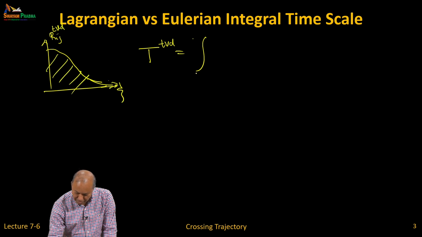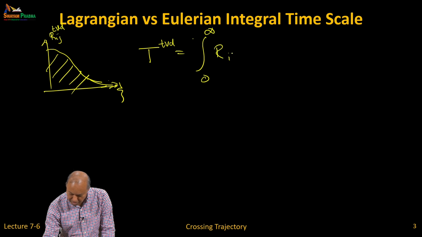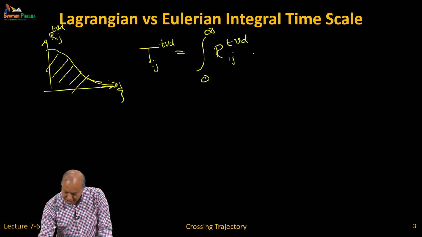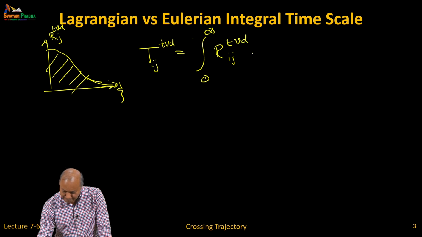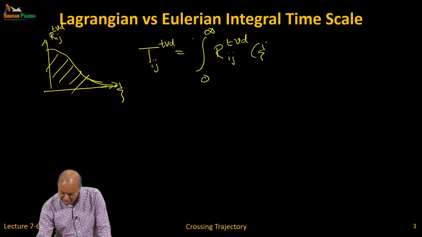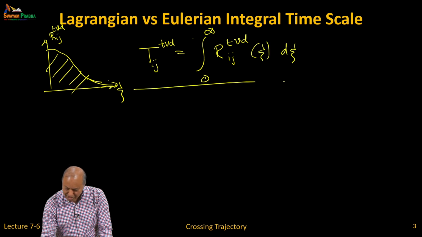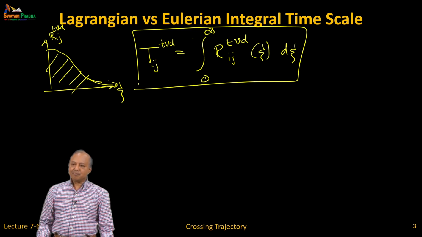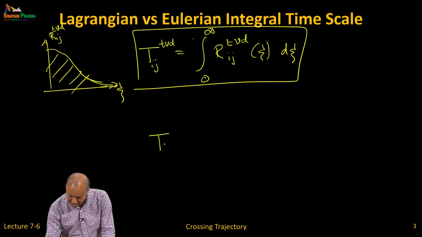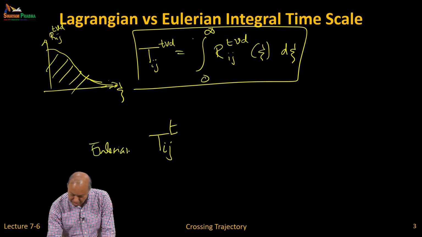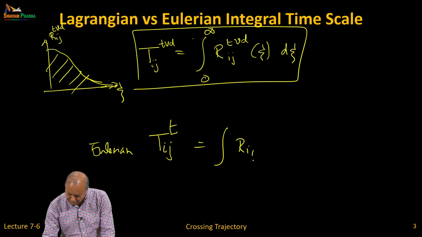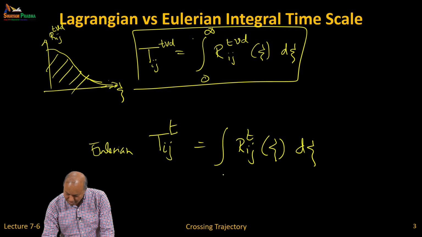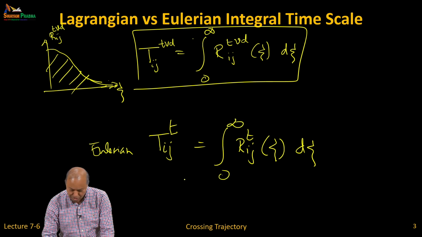So for any 2-time velocity correlation, you can calculate the area under the curve and that will give you the time scale. Similarly, you can calculate Tij for the Eulerian one. You take the corresponding Rij, which is the 2-time Lagrangian correlation, and you do this integral.